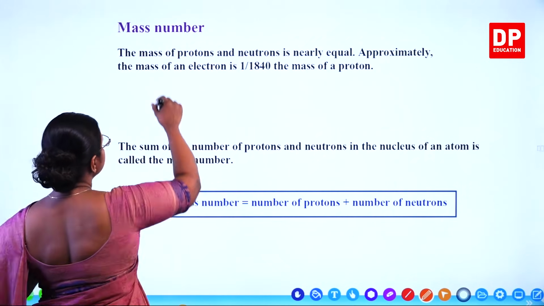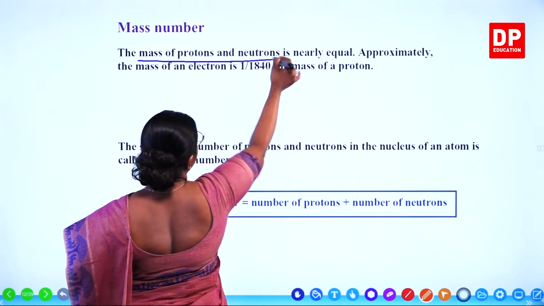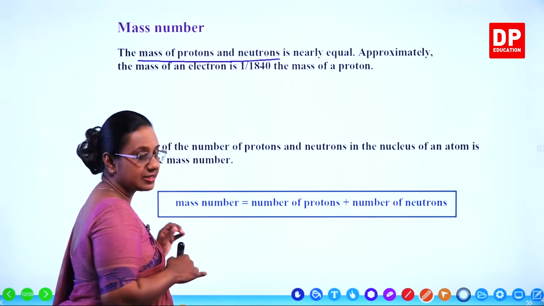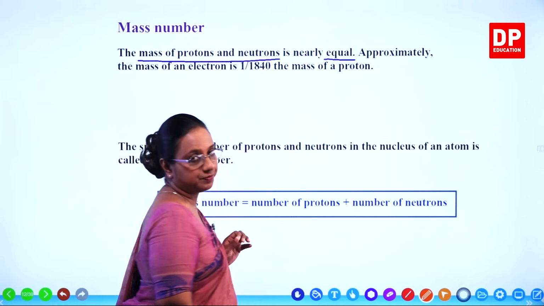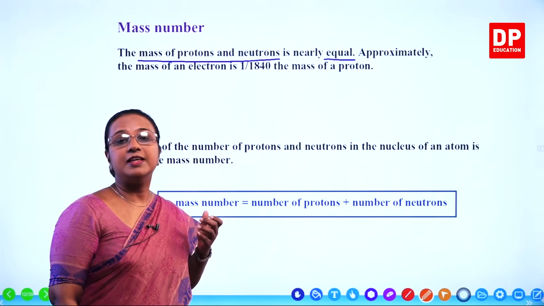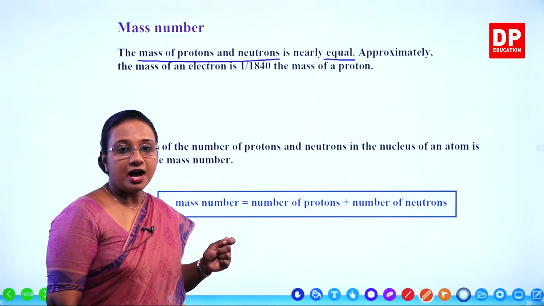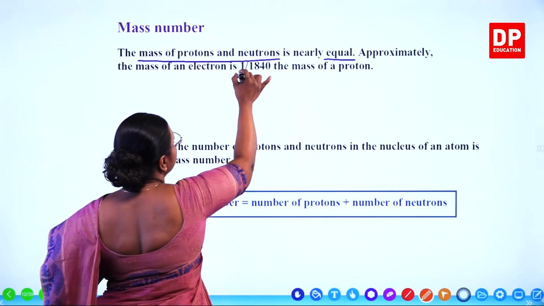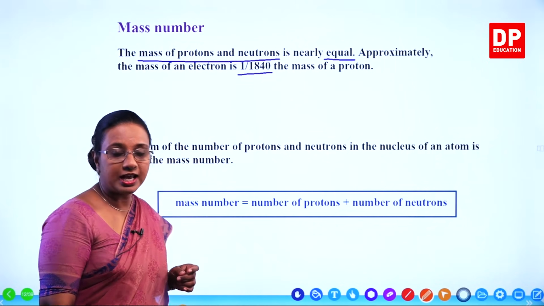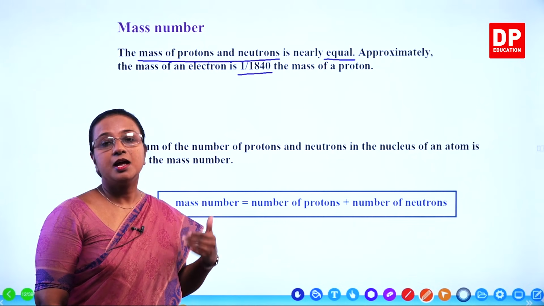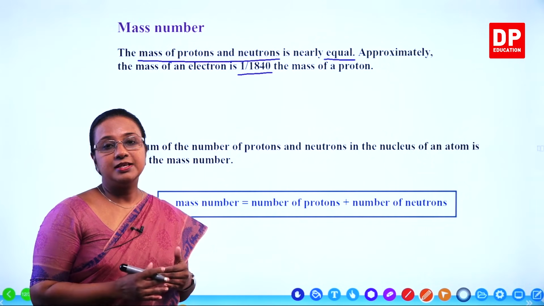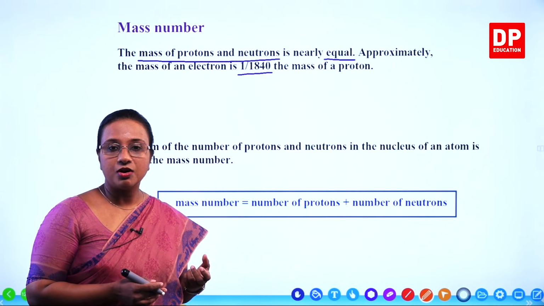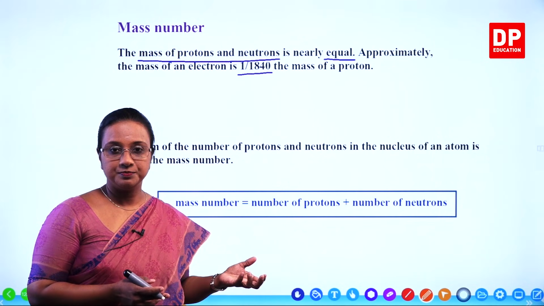So here you can see the mass of protons and neutrons is high and also equal. But if we look at the electrons, they are 1 over 1840 times lighter than protons and neutrons. So comparatively, the mass of electrons is negligible.